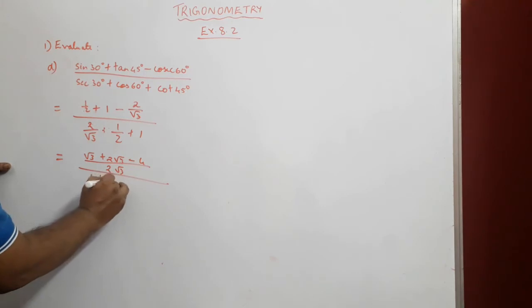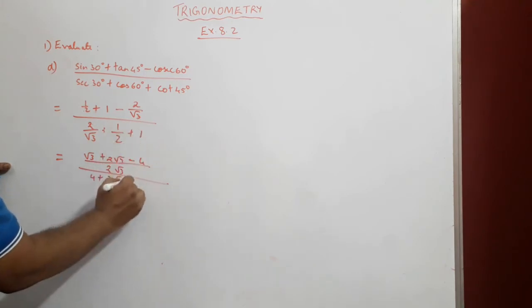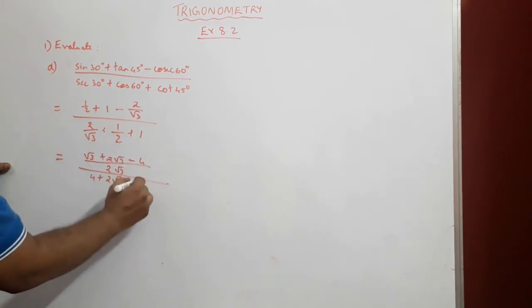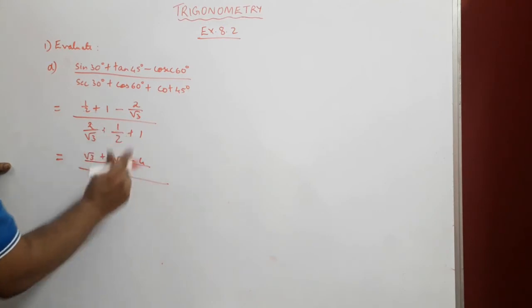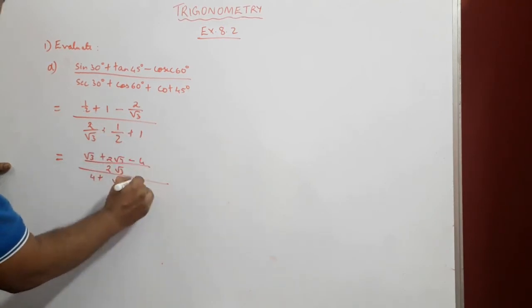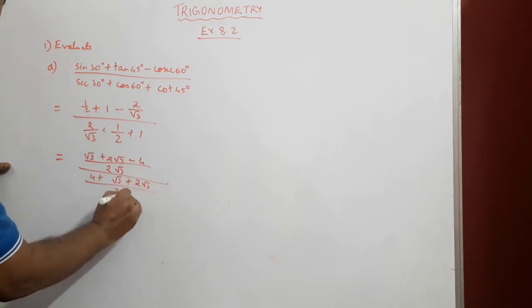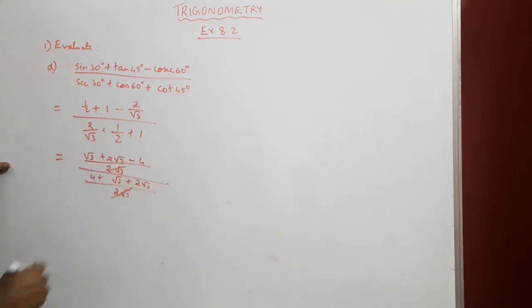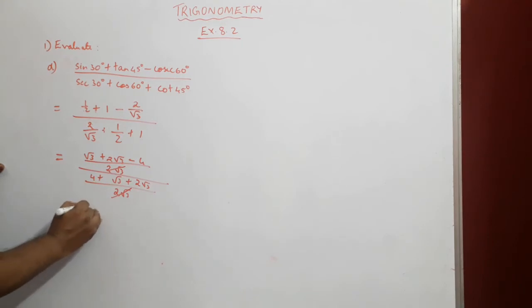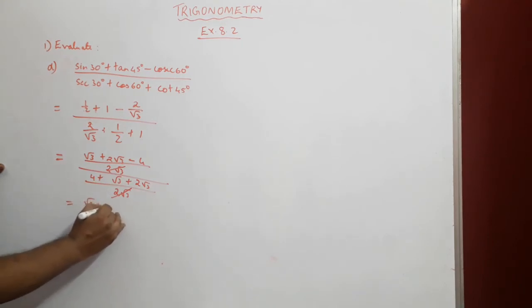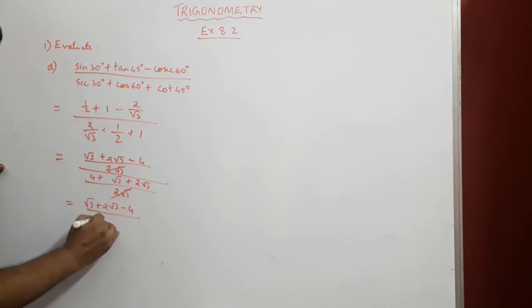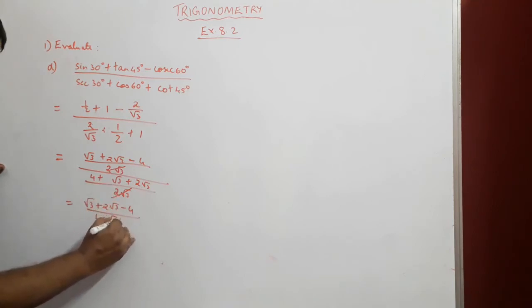1 will become 2 root 3 and this will become just root 3 and this will become 2 root 3 and it will be upon 2 root 3. 2 root 3 cancel and what we get is root 3 plus 2 root 3 minus 4, whole thing upon 4 plus root 3 plus 2 root 3.